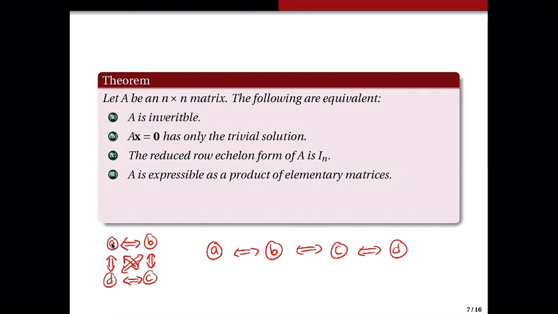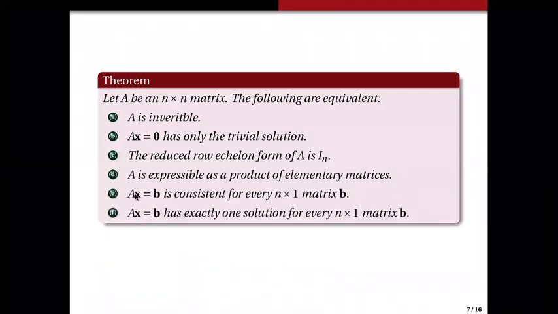Now, we had these 4 statements. What we're going to do is add 2 more. Look at this. AX equals B is consistent for every n by 1 matrix B. Also, AX equals B has exactly 1 solution for every n by 1 matrix B. And where is this coming from?